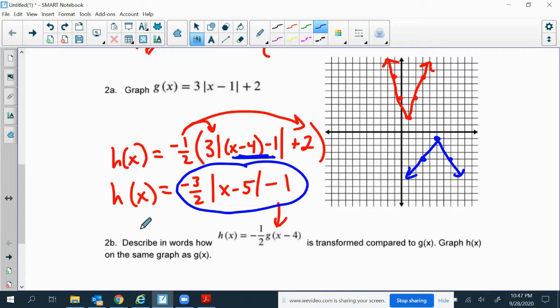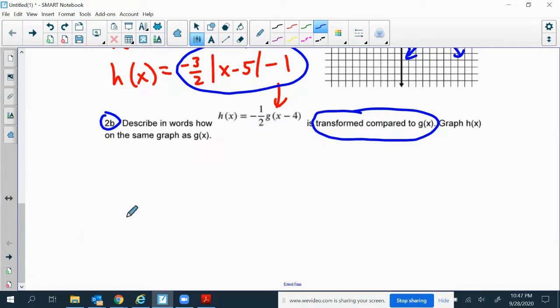But that has nothing to do with what this question is actually asking for. This is asking how to transform h of x compared to g of x in words.